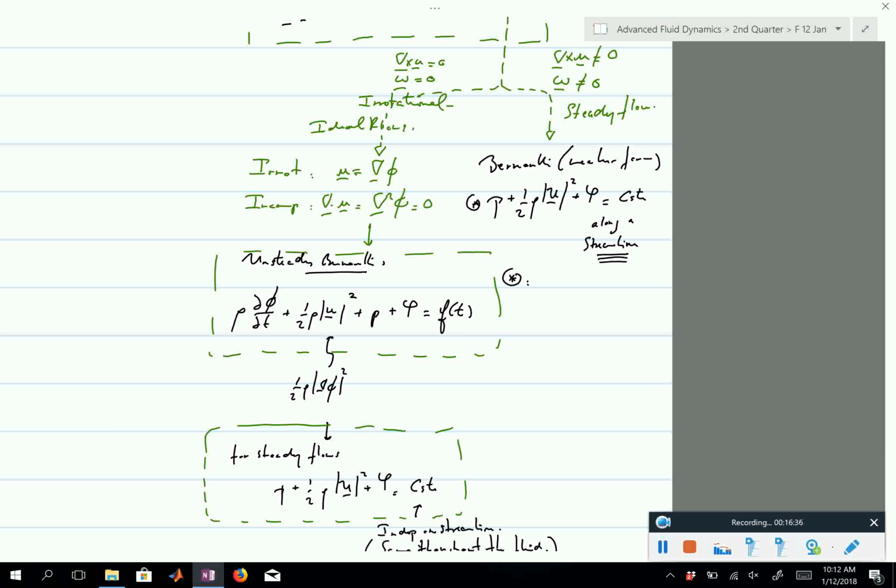Remember, the equation becomes partial P over partial N is equal to rho U squared divided by the radius of curvature of the streamline. You know, how fast the flow changes direction.